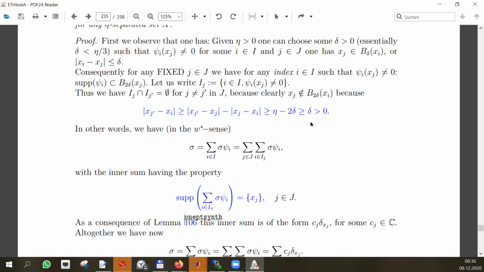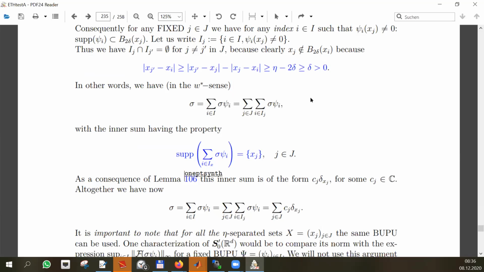Okay, so maybe I should try to explain this differently, but at the end it means that you're localizing with your BUPU. The sigma is a sum over the psi I, and only the support of an individual one, it should be ij here, sorry, should be exactly 1 point.